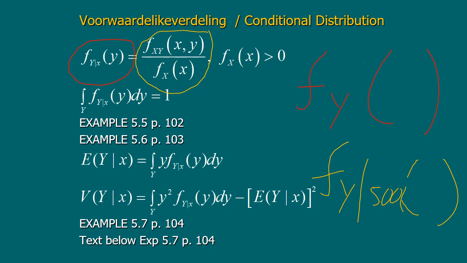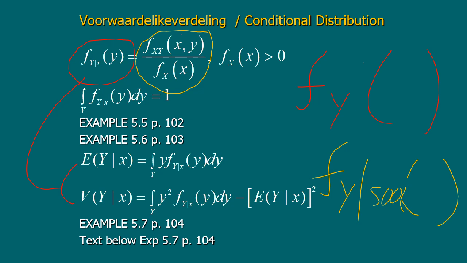So now I'm producing at 500 Kelvin, 500 Celsius, 500 Fahrenheit, whichever temperature you prefer working with. What is the distribution of my tensile strength now? So it's just a definition you need to get right, the difference between the two.